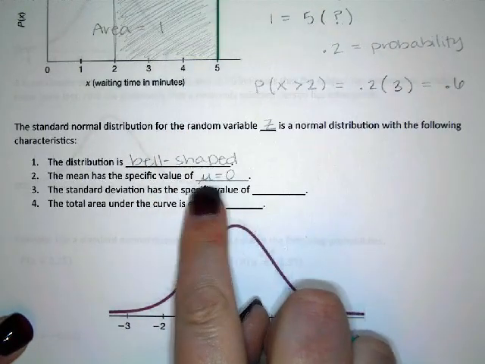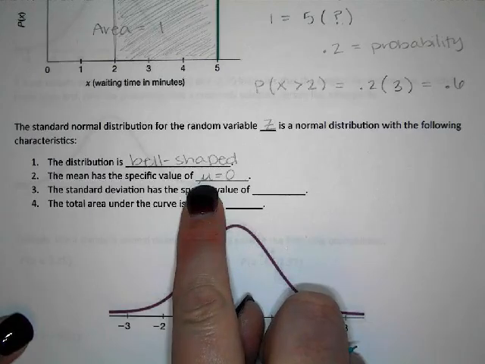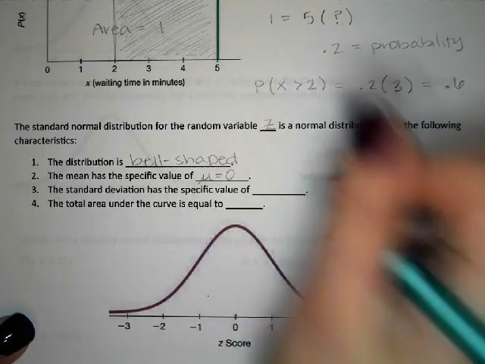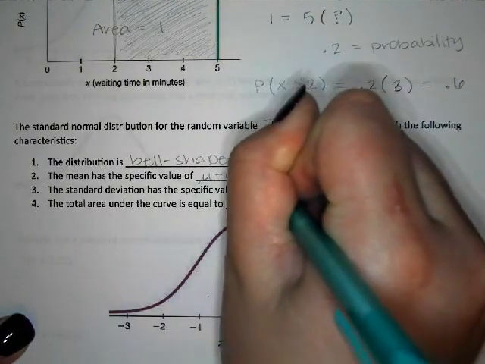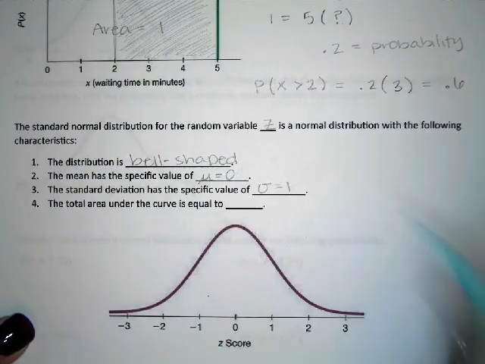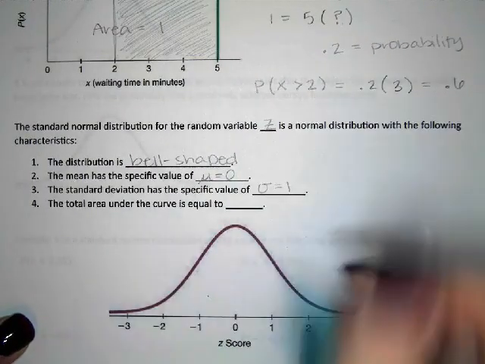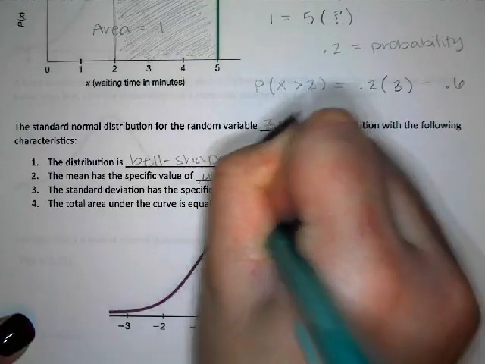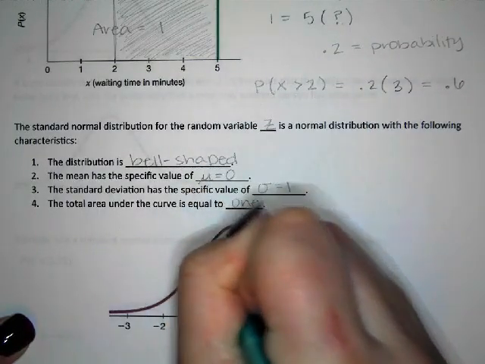Remember, the population parameter of the mean is represented with the Greek letter mu, so mu is 0. The standard deviation has a specific value of sigma equals 1. And the total area under the curve is equal to 1 again. So here this area is 1.